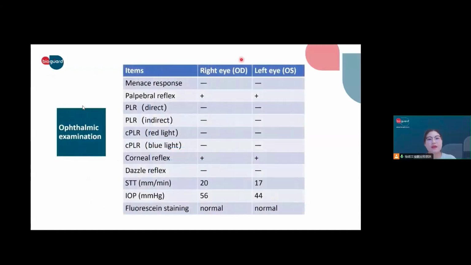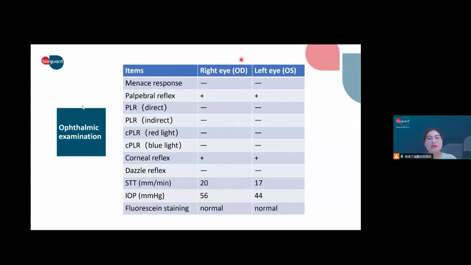Okay, now let's take a look at the results of this dog's ophthalmic examination. The menace response in both eyes was absent.